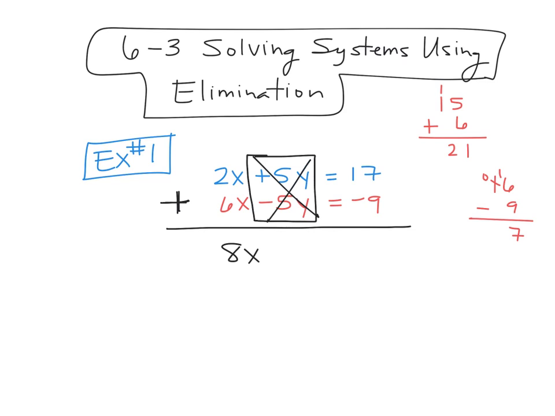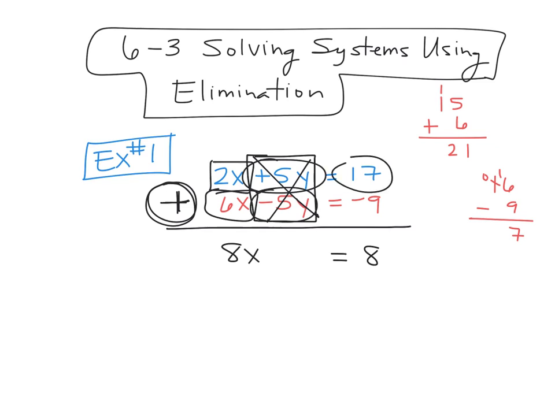This is 0, okay? Then you bring down your equal sign, and then you do 17 plus -9. 17 plus -9 is 8. Because we're adding the two equations together. So we're doing 2x plus 6x, we're doing 5y plus -5y, and we're doing 17 plus -9, okay? So this is what you're always going to do.